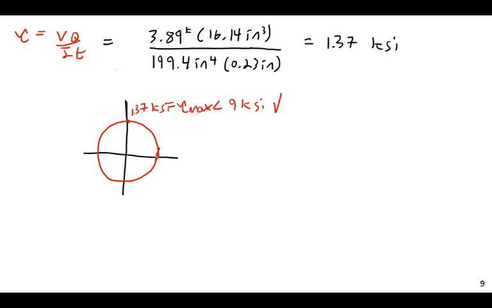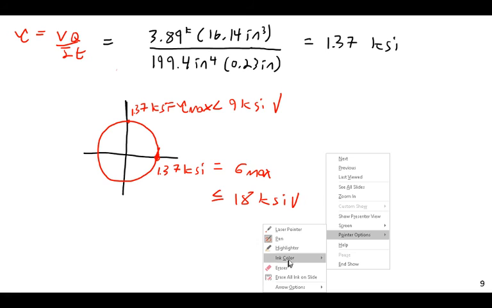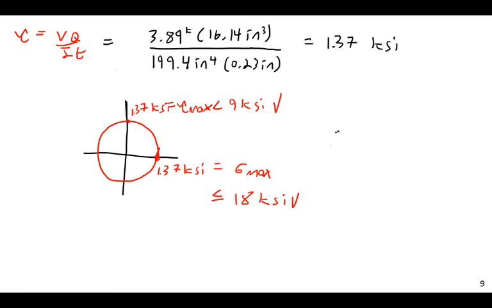And then for normal stress, 1.37 KSI equals sigma max, and this is less than or equal to 18 KSI, our allowable normal stress, which we're good. And if I want to, I could also draw the stress block at the cut plane that we're looking at, the orthogonal cut plane.